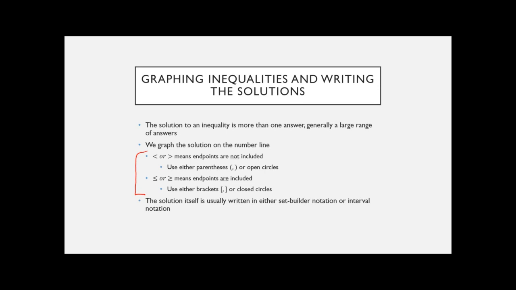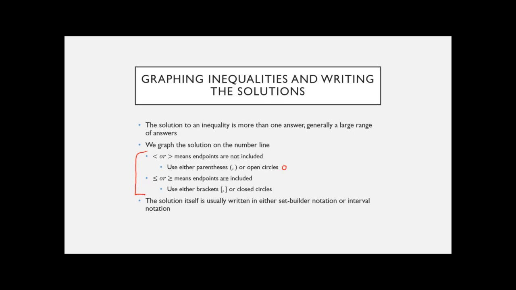So if we say that our solution is less than 5, 5 is not part of those solutions. And when we're writing our solutions, we usually use parentheses or open circles. An open circle will look kind of like that. And that's also when we're graphing. So when you graph, you might have a parenthesis on your number line or an open circle to indicate that that point is not included.